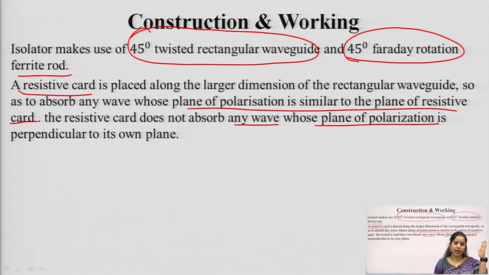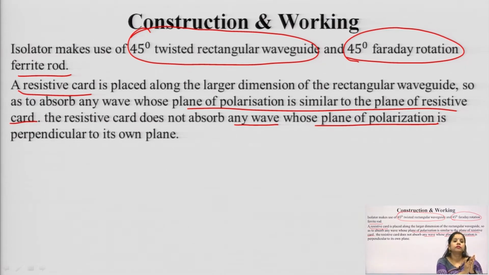So, if the incoming wave is vertical, and our resistive card is also vertically polarized, that means both of them are parallel to each other. In that case, waves get absorbed by the resistive card.